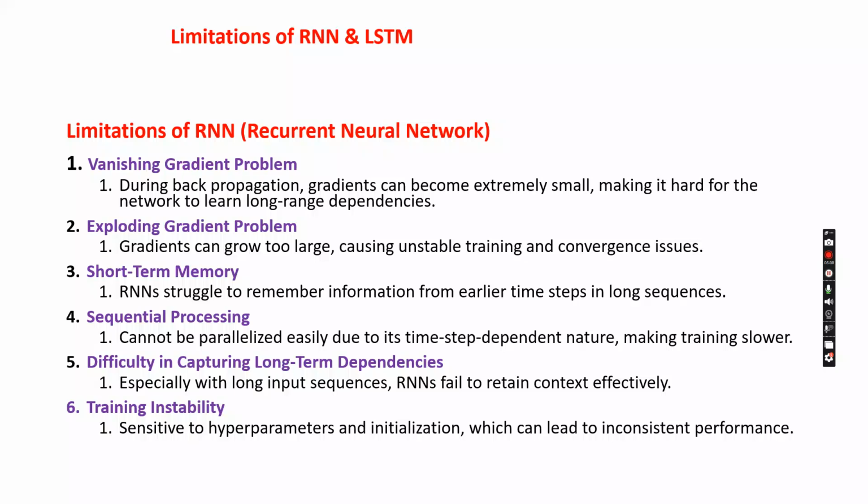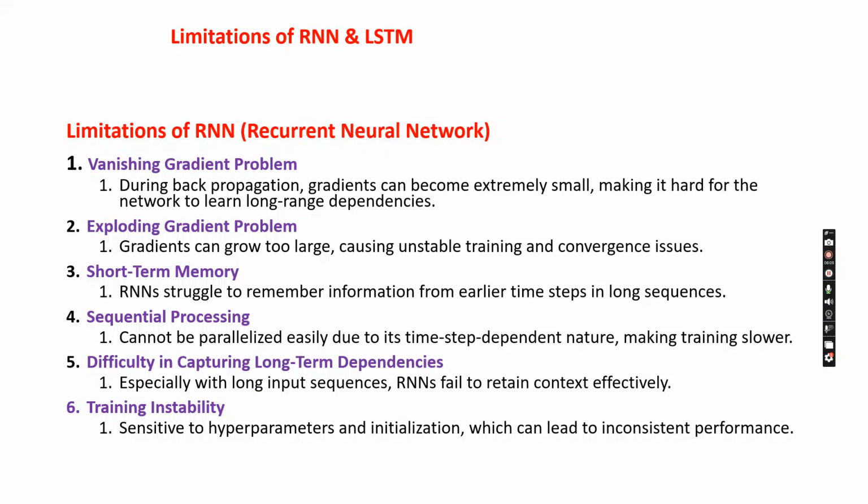Third is short-term memory, where important earlier information is forgotten. Fourth is sequential processing, which prevents parallel execution. RNNs struggle with capturing long-range dependencies in lengthy text. These limitations make RNN unsuitable for modern large-scale language processing tasks.